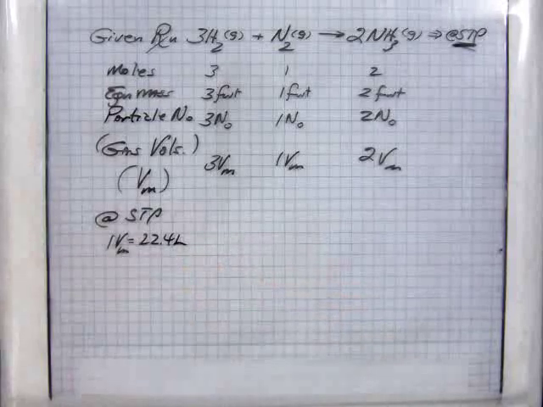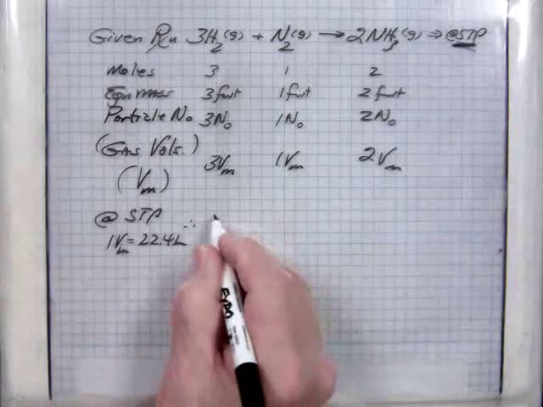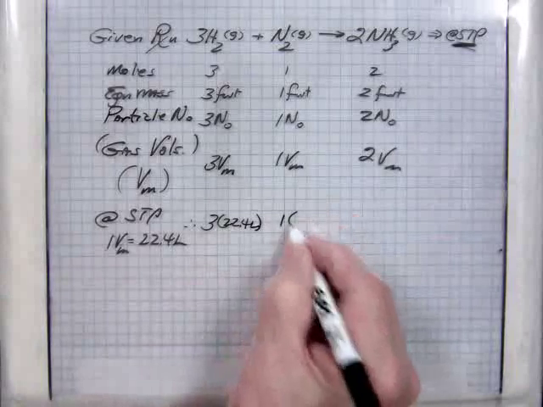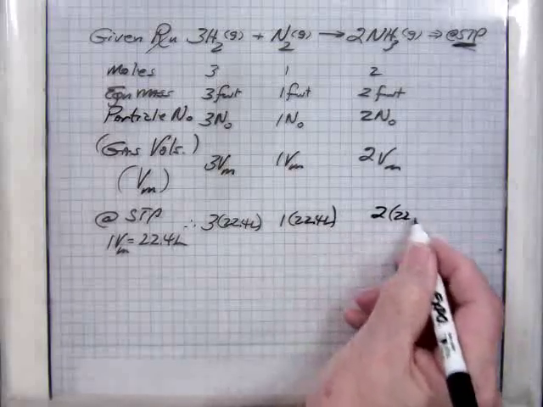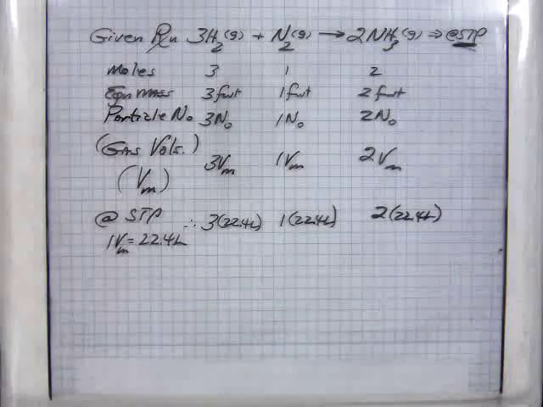That's what I've been telling you. So we can fill this in. Therefore, we have 3 times 22.4 liters here, 1 times 22.4 liters, and then 2 times 22.4 liters. So that's pretty straightforward, right? And as far as the total volume, if you cut the amounts in half, you've got to cut the volume in half, and so forth, multiples and what have you.